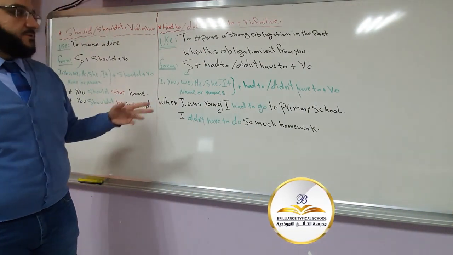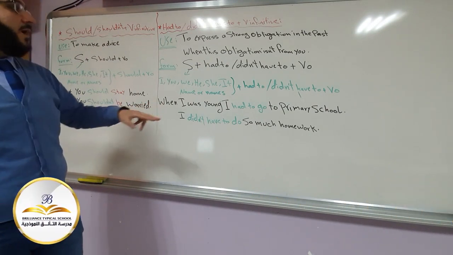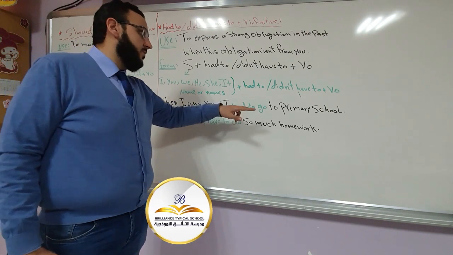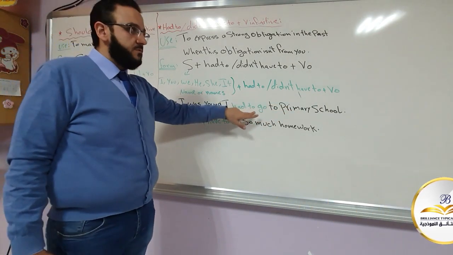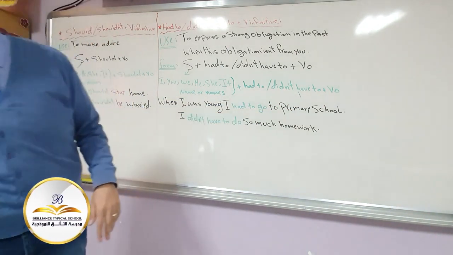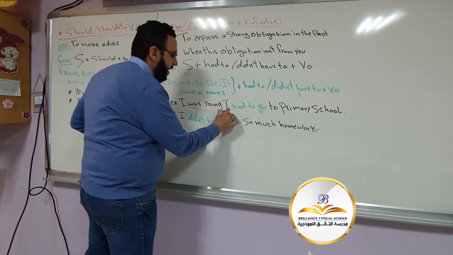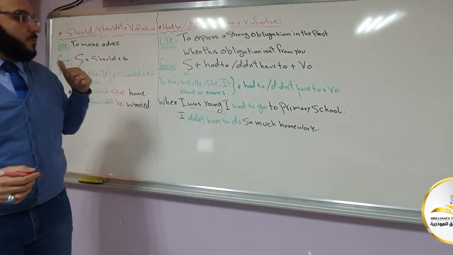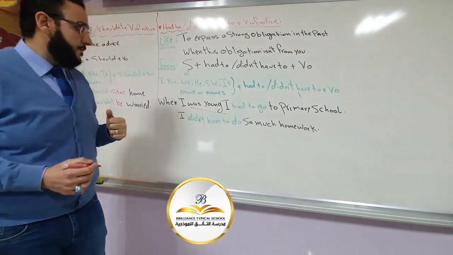So look here at examples. Here we have two examples. One is positive: when I was young, I had to go to primary school. So why do I use had to here? Because when I was young refers to the past simple. Okay.